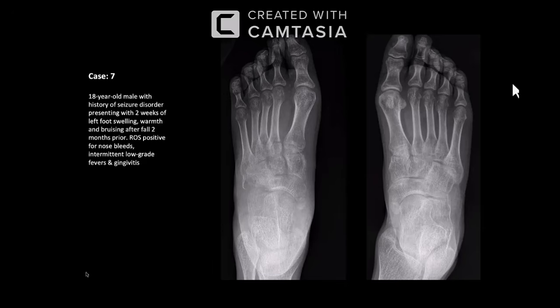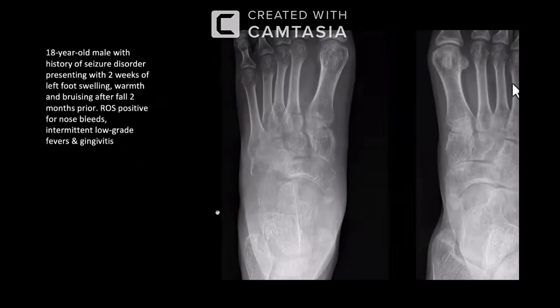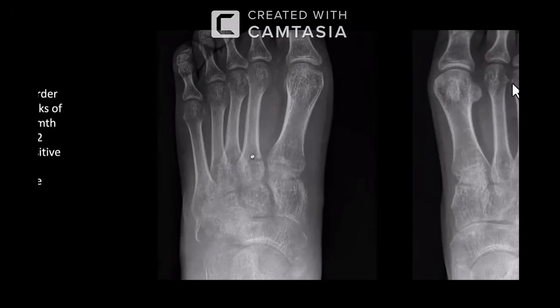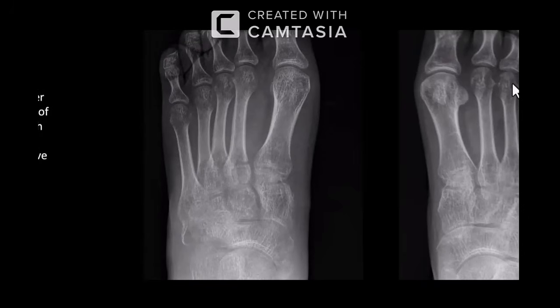Okay. So it is very important to take the clinical history and you have to correlate, isn't it? So this patient also has foot swelling, warmth, and bruising after a fall 2 months ago. You are very correct. You did pick up the fracture lines very well, and grossly the bone mineral density is lost, especially involving the midfoot.